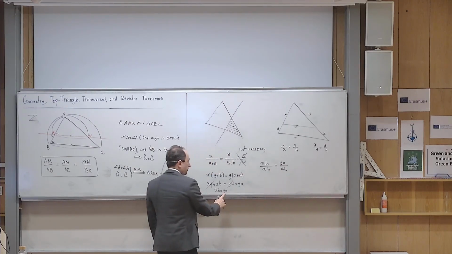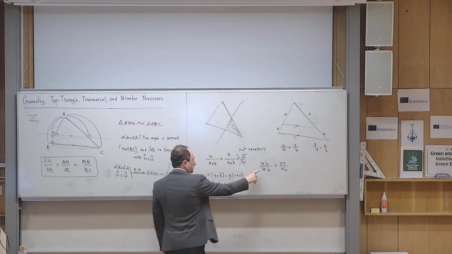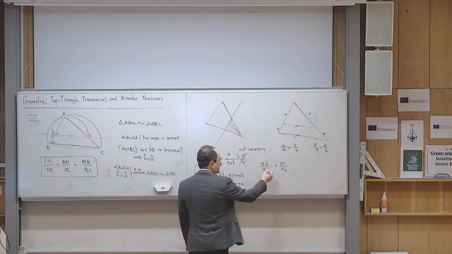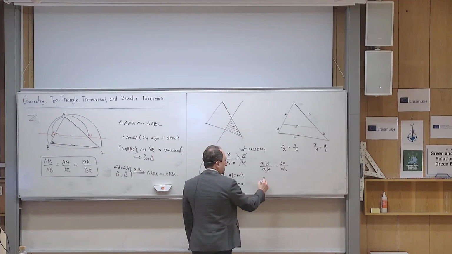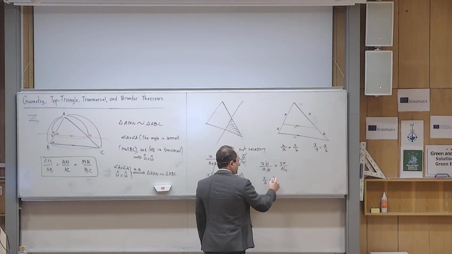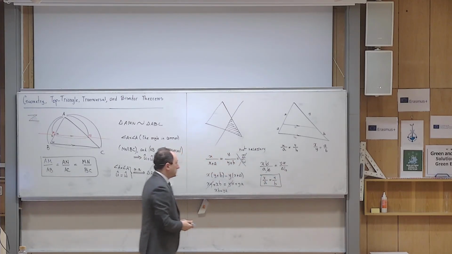If this one is equal to this one, divided by AB it should also be equal to this one divided by AB. But now what happens? This B and that B are simplified, so I get x over A, and here this A and that A are simplified, I get y over B, and that is what I want to prove.